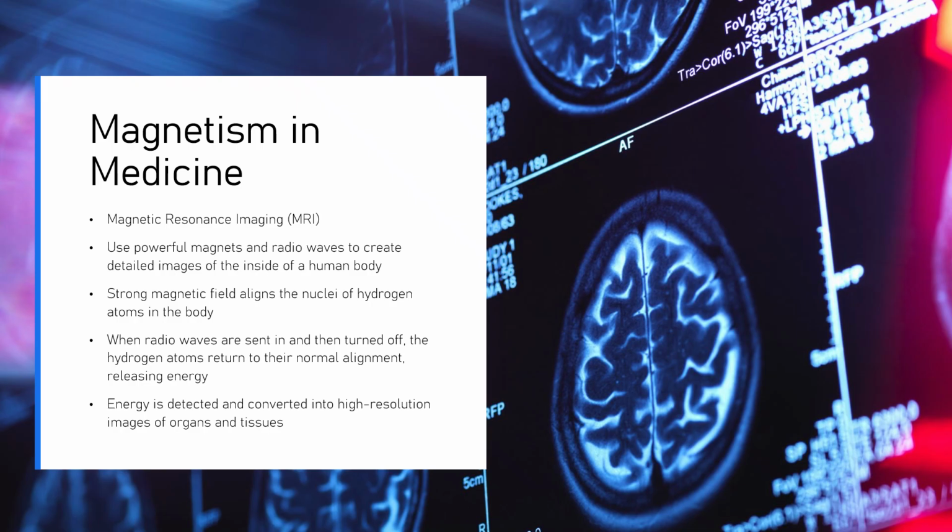So just to better understand magnetism, here we have a real-world example of how it would look in medicine, right? A piece of medical equipment that would be an example of using magnetism would be a magnetic resonance imaging machine, also known as an MRI. These machines use powerful magnets and radio waves to create detailed images of the inside of the human body.